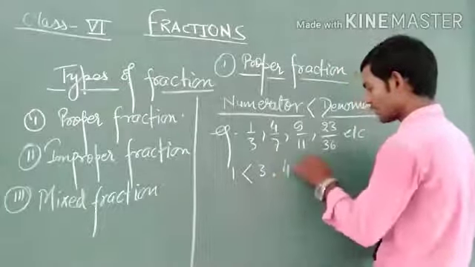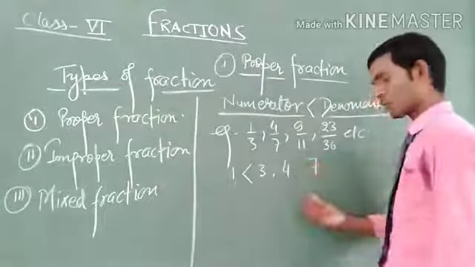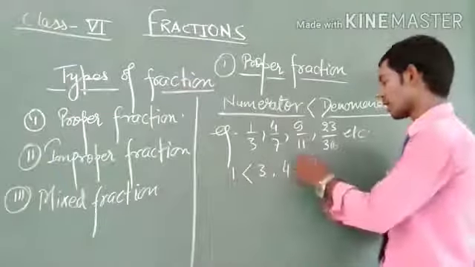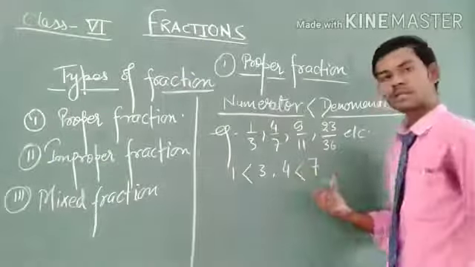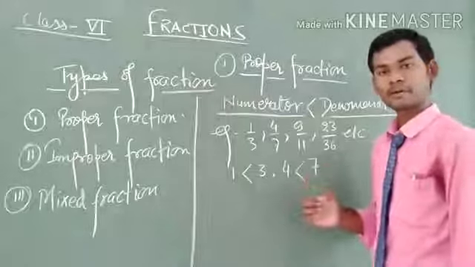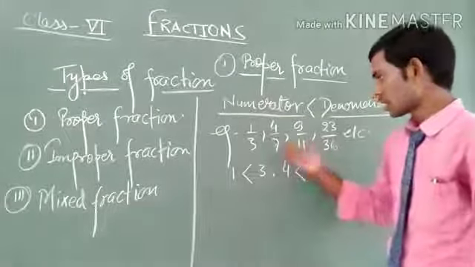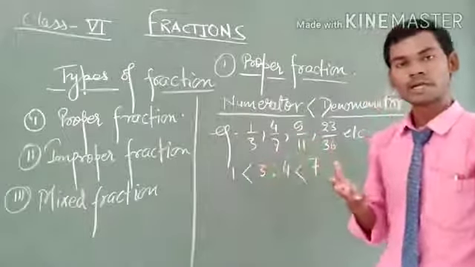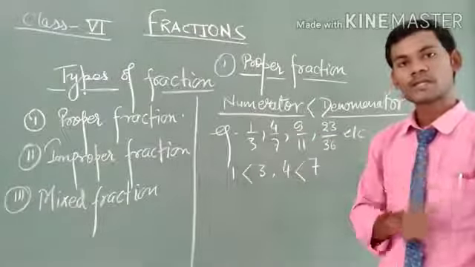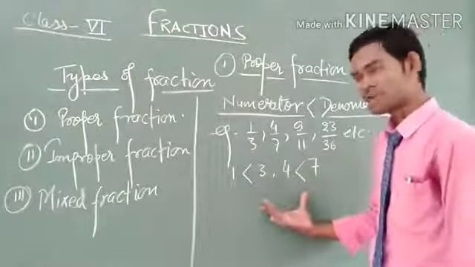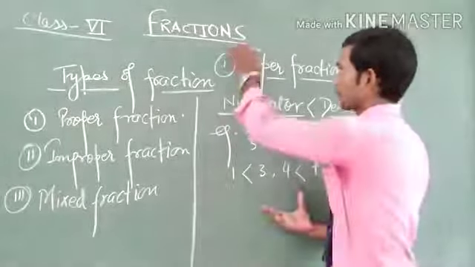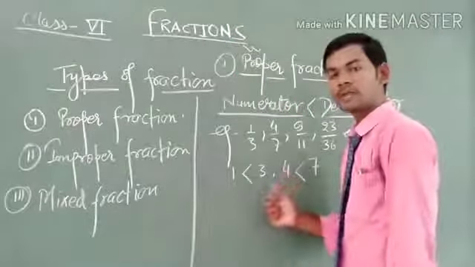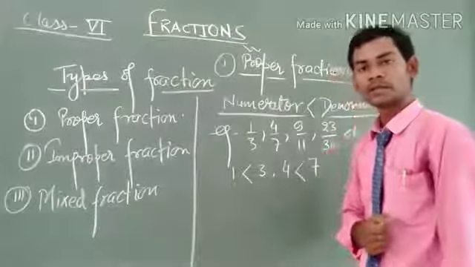Similarly, 4 and 7. 4 is the numerator and 7 is the denominator, and also 4 is less than 7. That's why these fractions have numerator less than denominator, and that is why they are known as proper fraction.